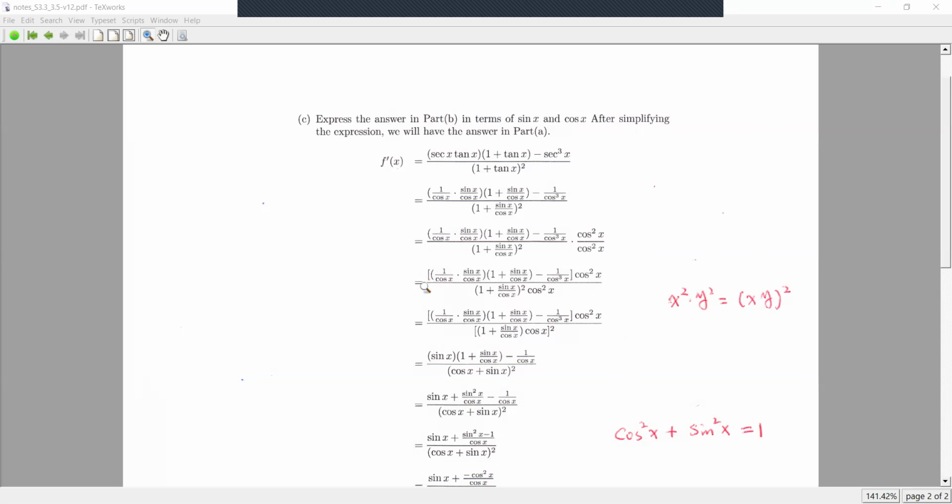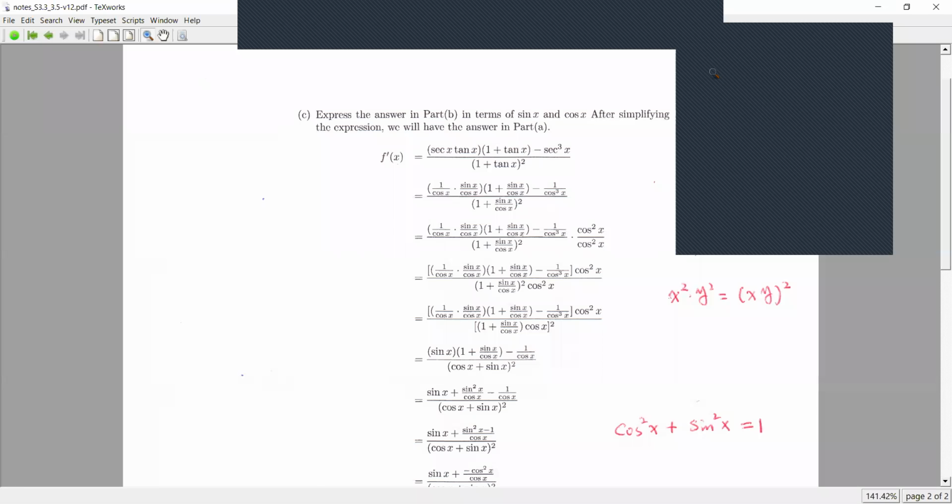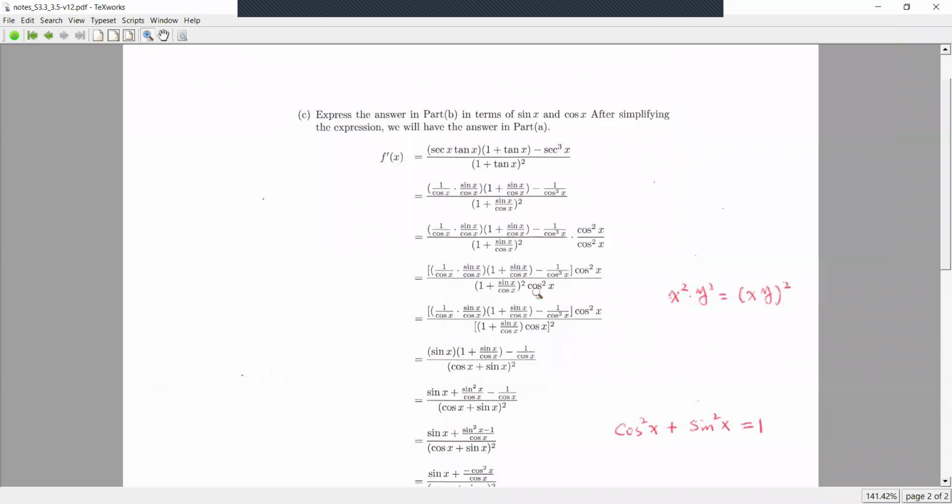Then we get this equation. Write the product here by this formula. Then distribute cosine to 1, cosine to sine over cosine. Then this denominator is cosine plus sine squared.